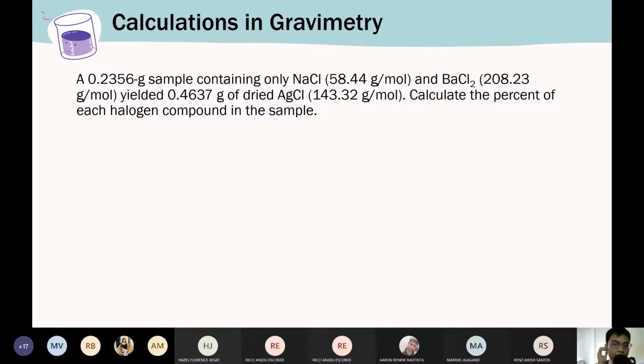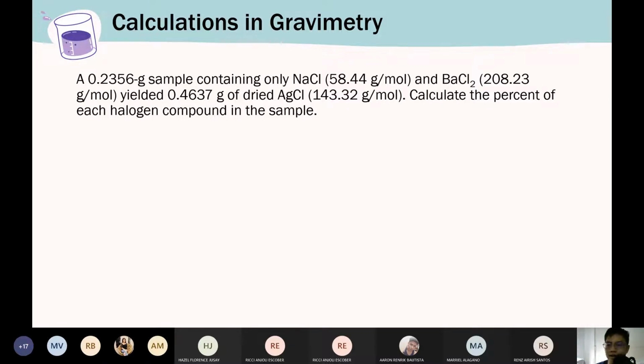So, for example, let's read this problem. A 0.2356 gram sample containing sodium chloride and barium chloride yielded 0.4637 grams of AgCl. Calculate the percent of each halogen compound in the sample.